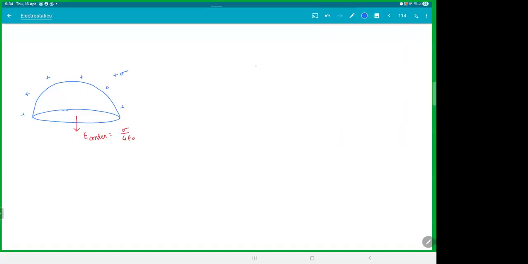Now, instead of this, let's say you only have part of a sphere. Then your limits would be different. So I took theta from here.